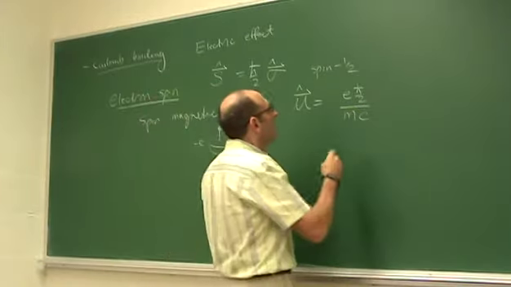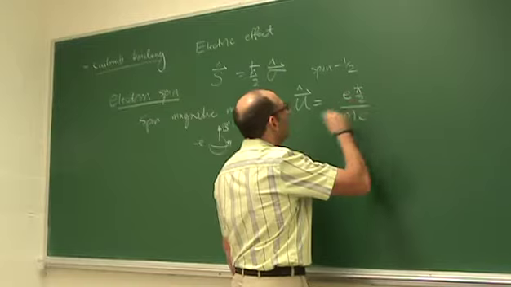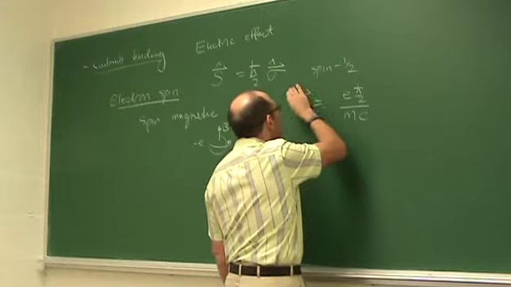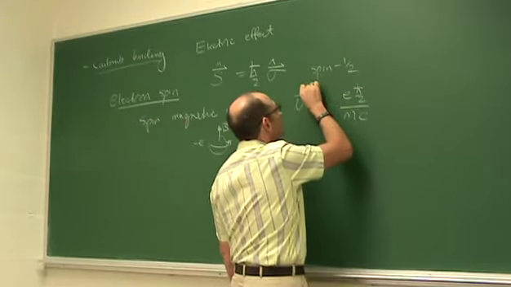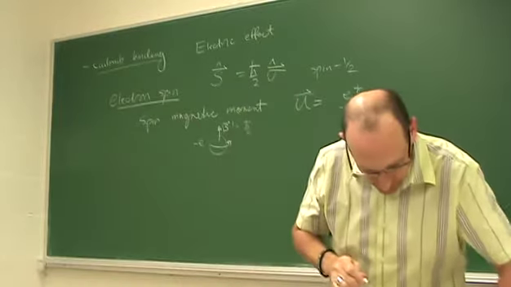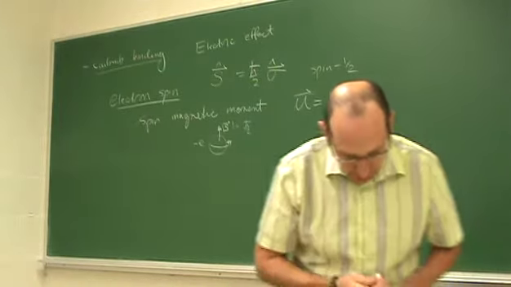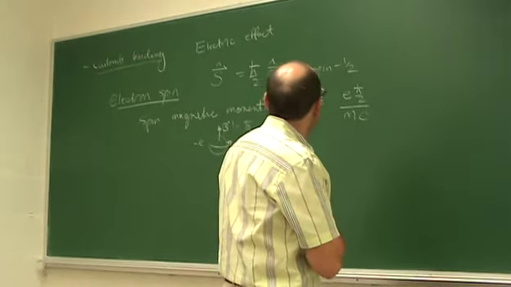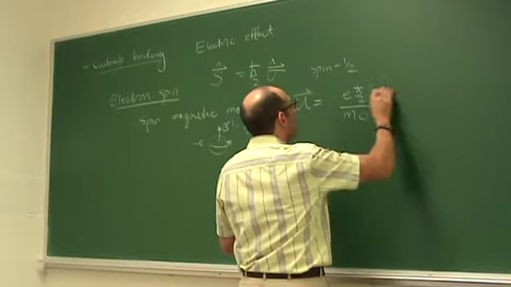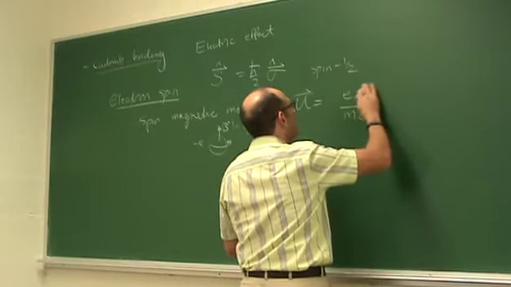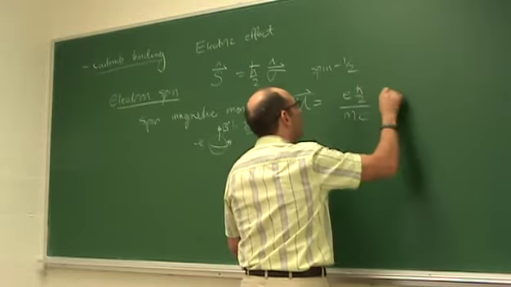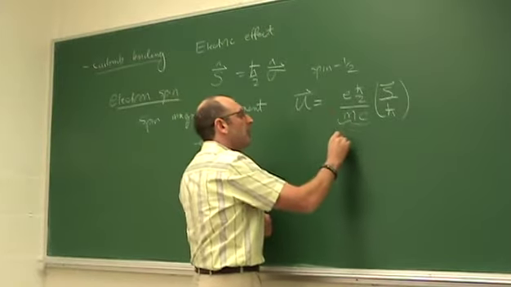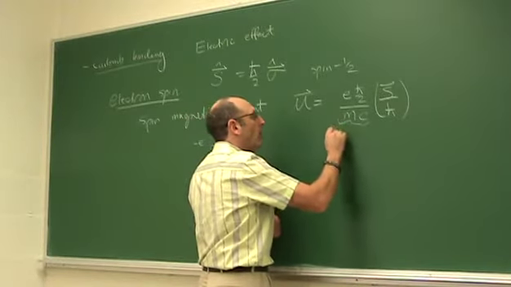So this would be the magnetic moment if I thought about this classically, times the direction of the spin. So let me write this as e h bar over 2mc times S over h bar. And this quantity is what's called the Bohr magneton.